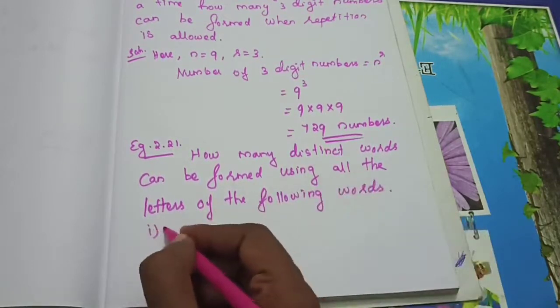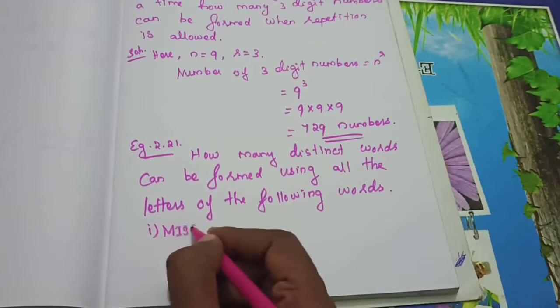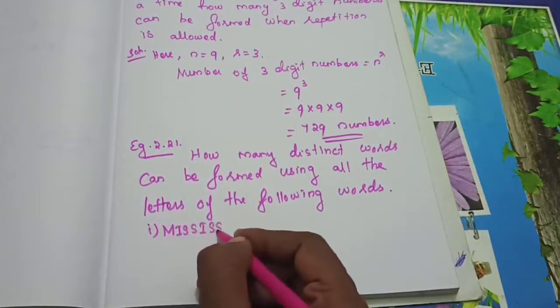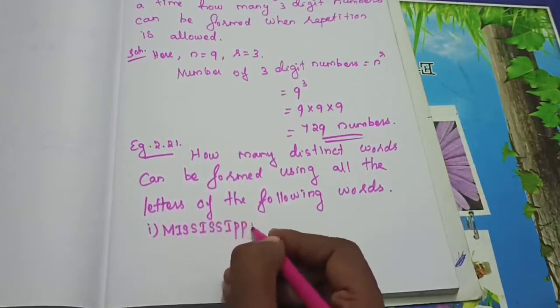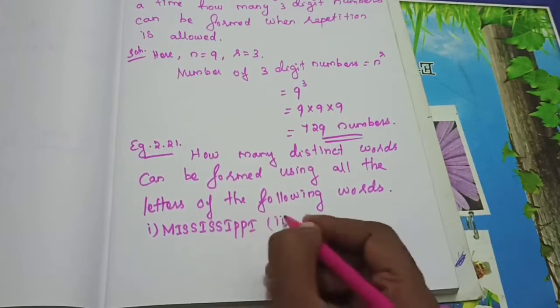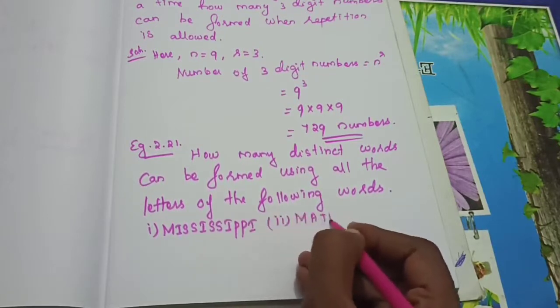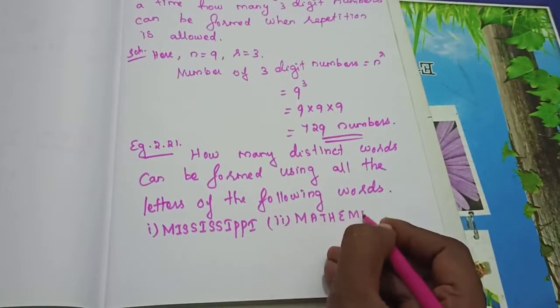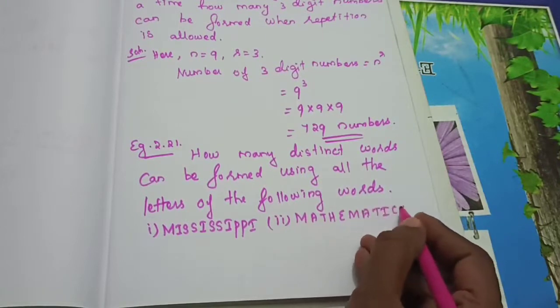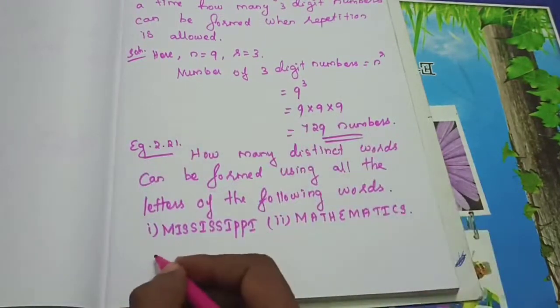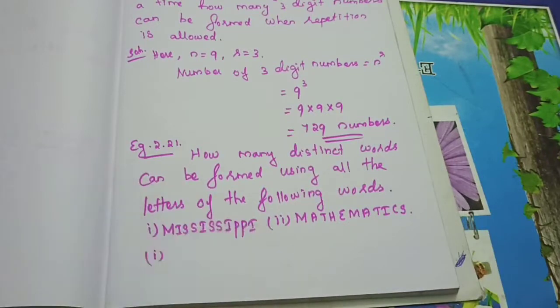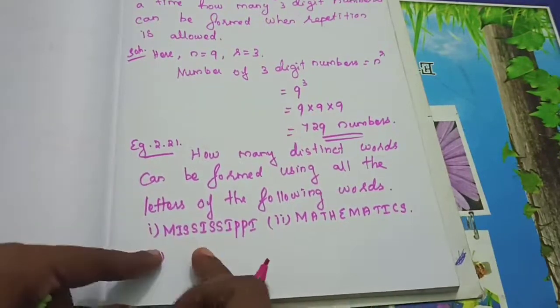What's the first one? Mississippi. Second one, Mathematics. Okay. First one. How many letters are there in this Mississippi?